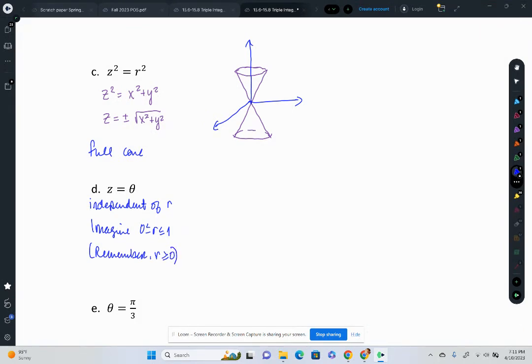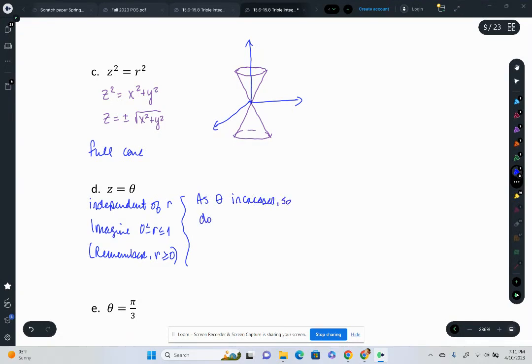I'm just fixing it for a short radial arm because otherwise I can't draw this. And if I can't draw it, then I can't identify it. So what's happening here is, as theta increases, so does z.